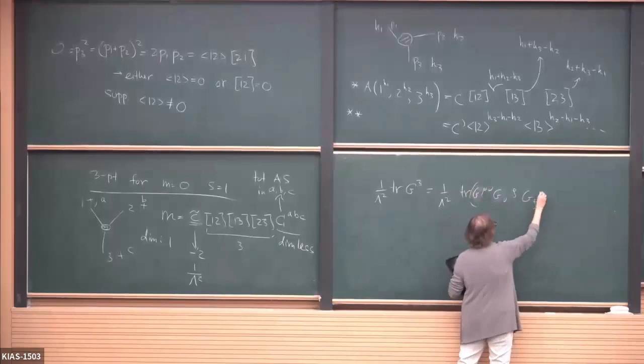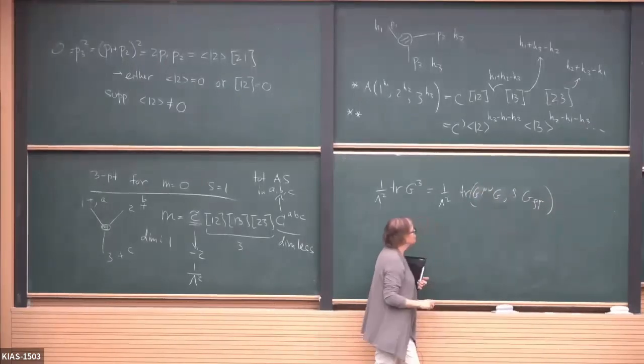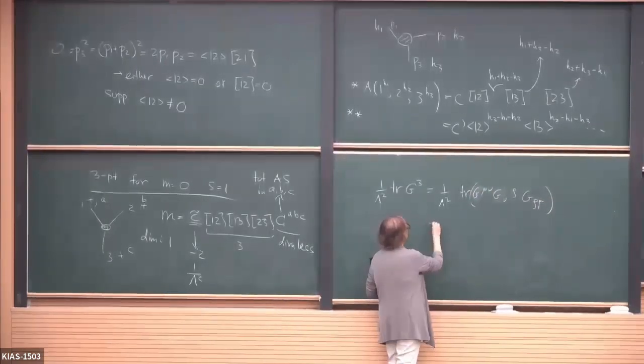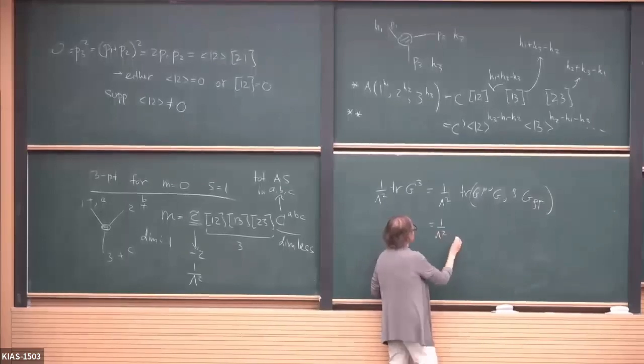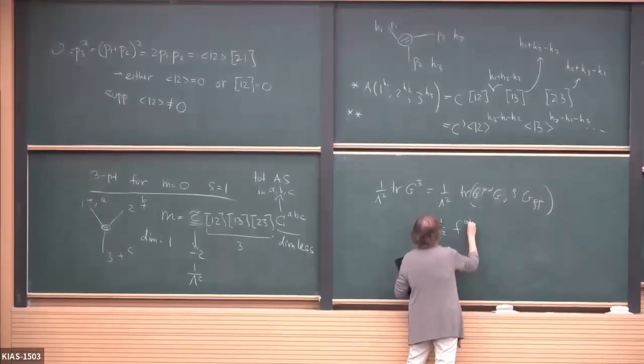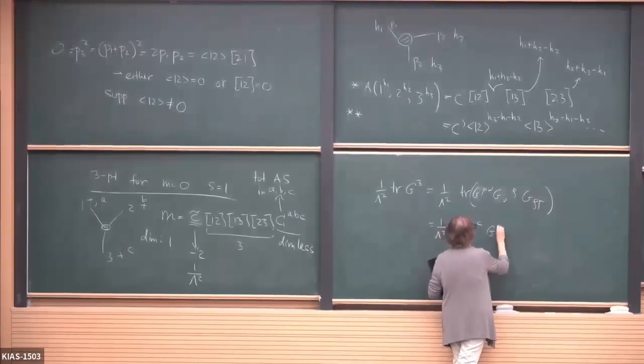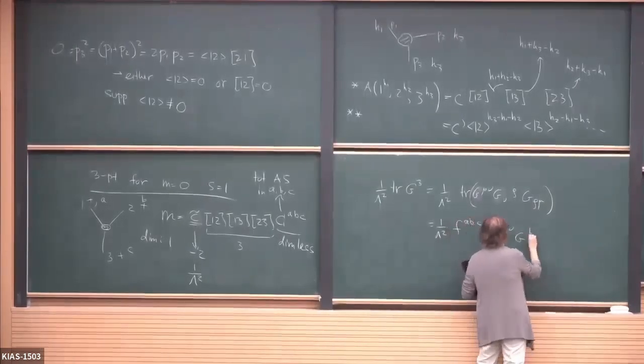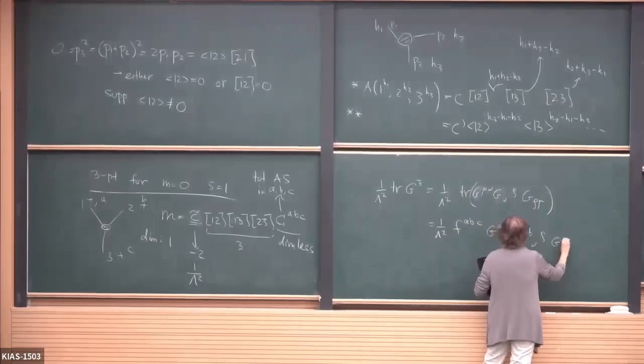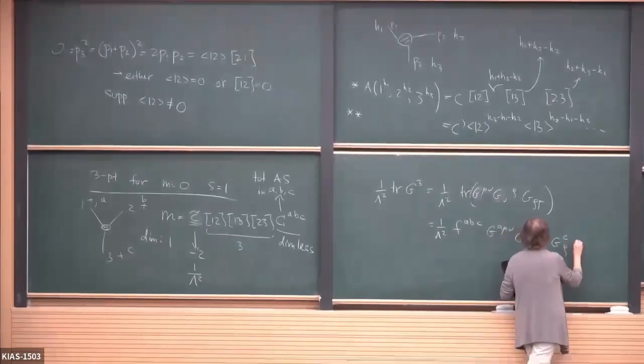And the trace here is over color indices. If I write this thing down explicitly, it's 1 over lambda squared f^{ABC}, G^A_{μν}, G^B_{νρ}, G^C_{ρμ}.